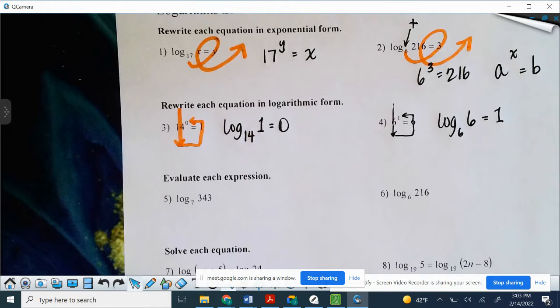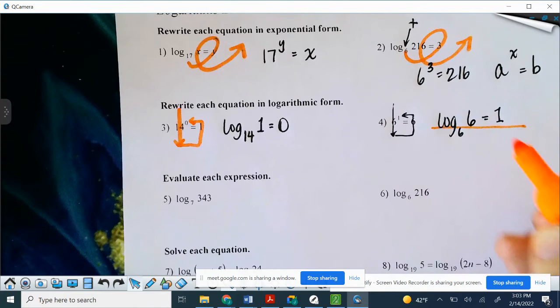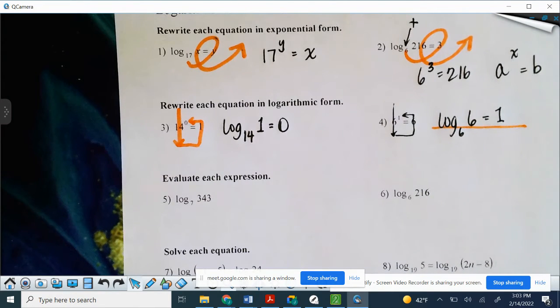As far as if you had to write it on a quiz, on a piece of notebook paper, if this is your line, the 6 that's in the base needs to be below it. So if you write log 6 equals 1, there's not a teacher on the planet that's going to count it correct. So make sure you're careful that your basement number, or the base in the exponential form, goes below, like it's a subscript to the original sentence line. Hopefully that makes sense.